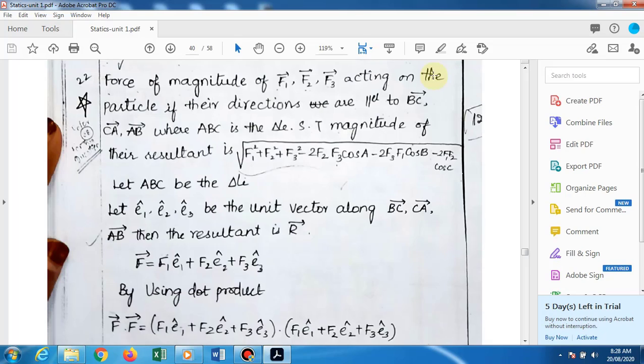Show that the magnitude of the resultant is the square root of F1 square plus F2 square plus F3 square minus 2F2 F3 cos A minus 2F3 F1 cos B minus 2F1 F2 cos C.